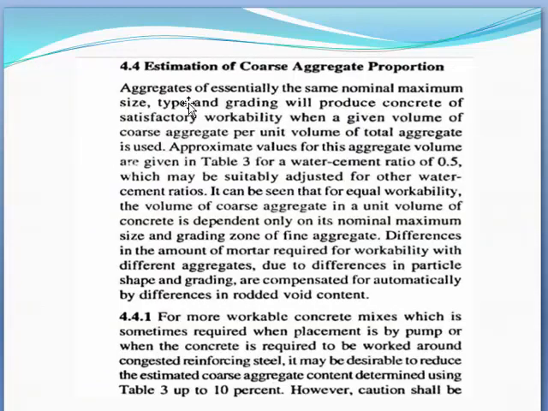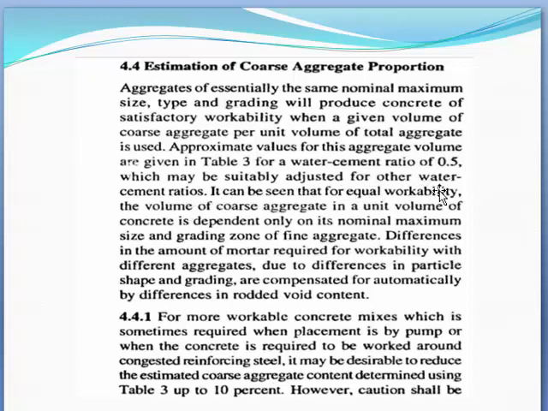You can see this clause 4.4, estimation of the coarse aggregate proportion from table 3 of IS 10262. This clause is in IS 10262, clause number 4.4. You can see approximate values for this aggregate volume are given in table 3 for water cement ratio of 0.5, which may be suitably adjusted for other water cement ratios.